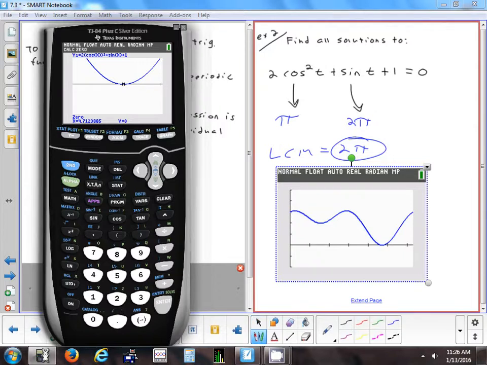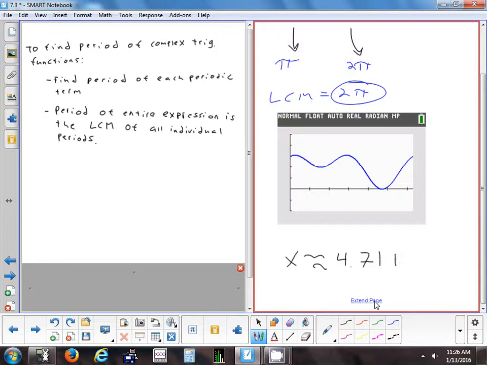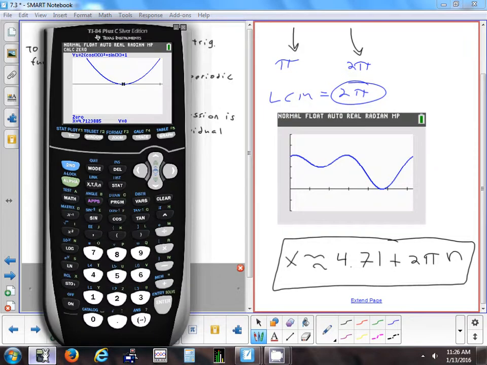Okay, so we get x equals 4.71 plus, what's the period? 2 pi, and then put the n. Now, 4.71 comes up a lot, so you might recognize that number.